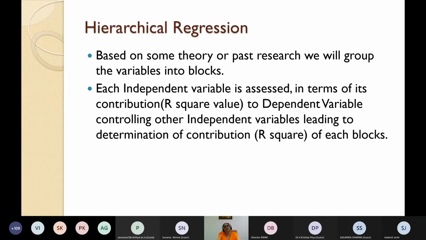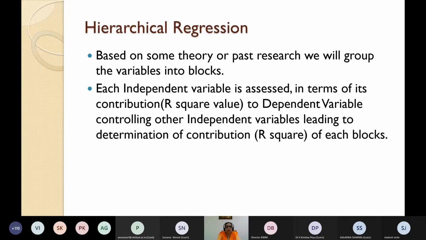Now let's have a discussion about hierarchical regression. So far we studied hierarchical regression.